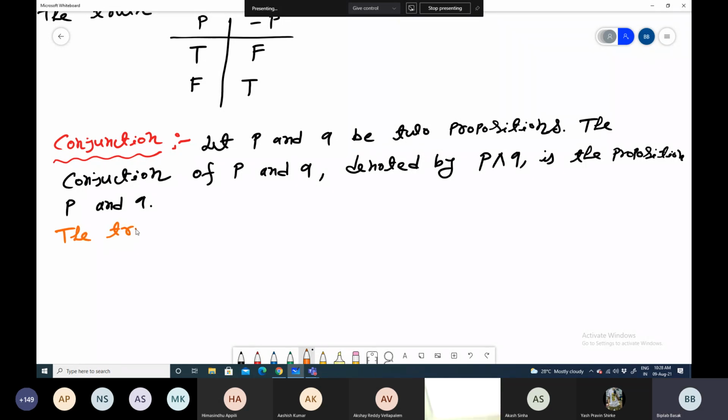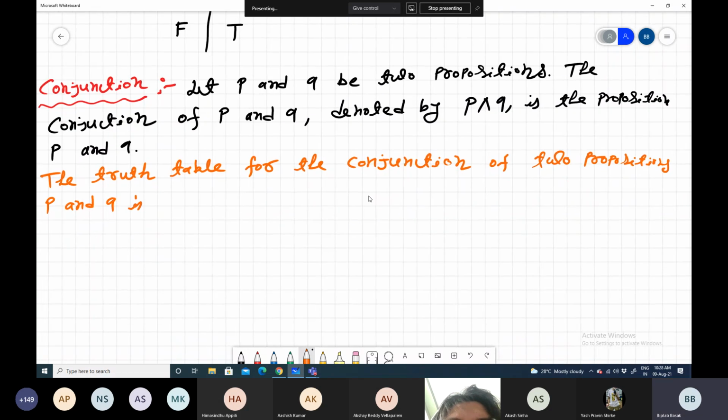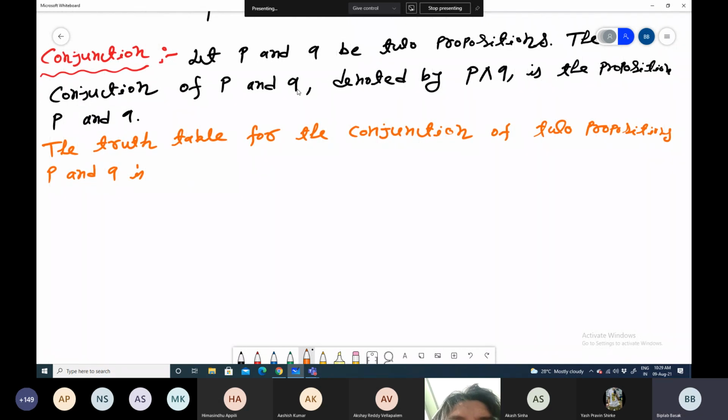So the truth table for the conjunction of two propositions P and Q is, see here we have two sentences, right?